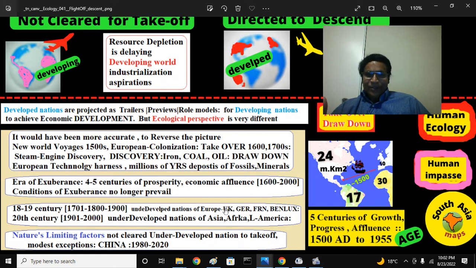Now in the 20th century, there are no more resources. All these developing, underdeveloped countries don't have that resource base, and moreover now the population is humongous. Around 1800, when this story started, there was 1 billion population. Now there are 8 billion.